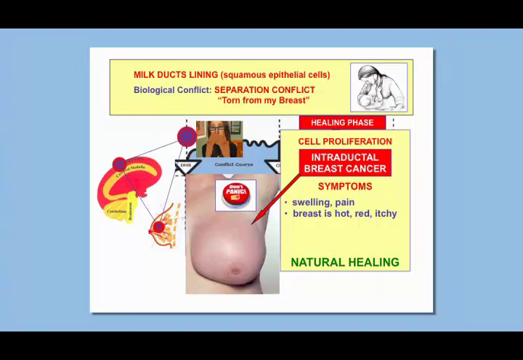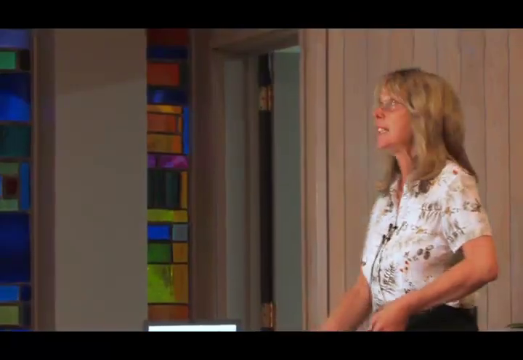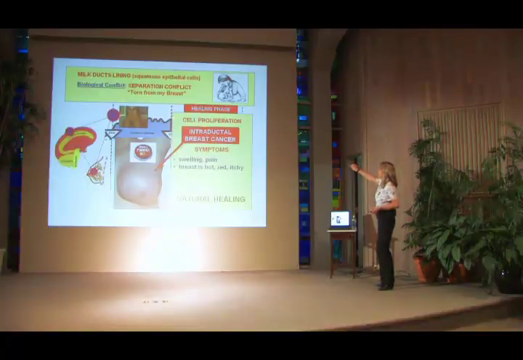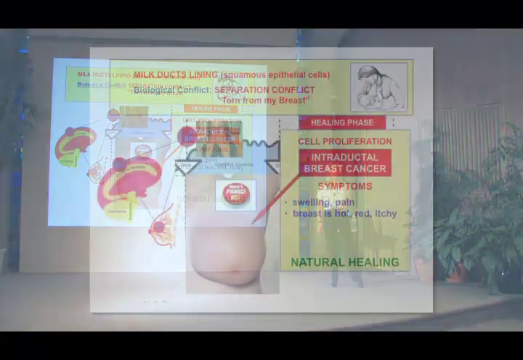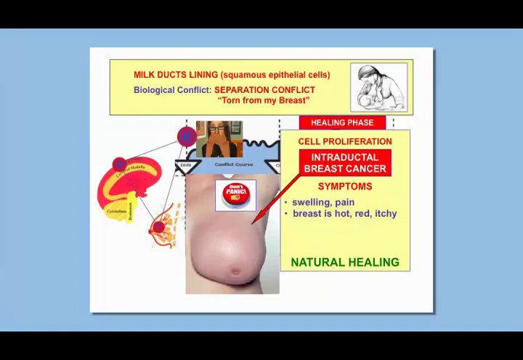And the ulcerated area, so the tissue loss, is now refilled and replenished with new cells, with squamous epithelial cells. And it is the cell proliferation that occurs during the first phase of healing that is diagnosed as an intraductal breast cancer. So an intraductal breast cancer, my friends, is a curative breast cancer.